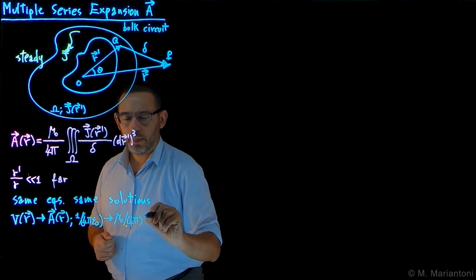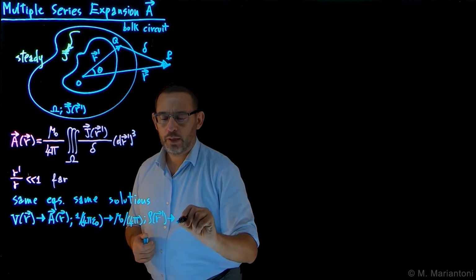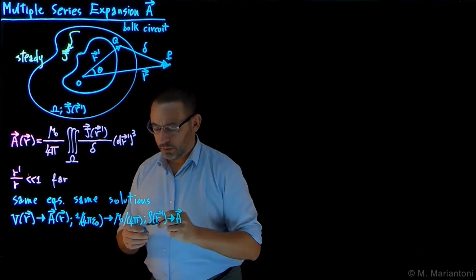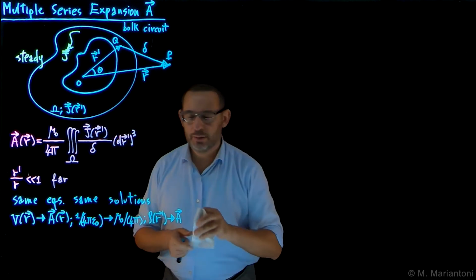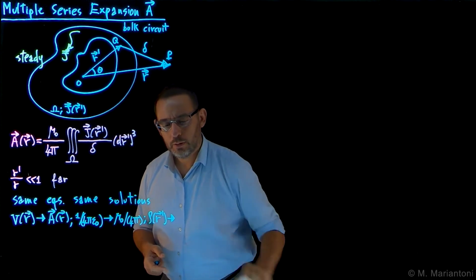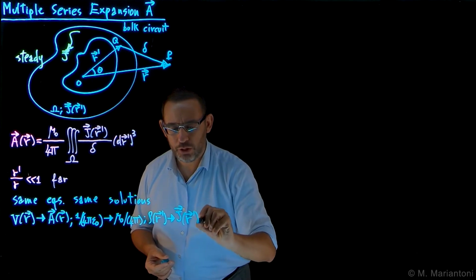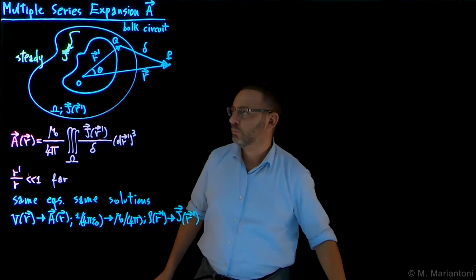And finally, we map rho at r prime vector to J, the current density, of course, J vector at r prime vector, which is the source, in our case a current.